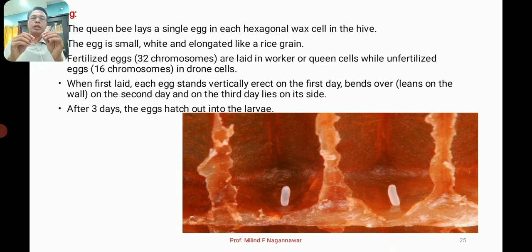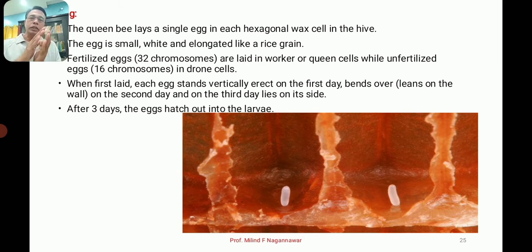The eggs which are laid stand vertical for a day. When the egg is laid at first it is erect and elongated, and on the second day it leans towards the wall.